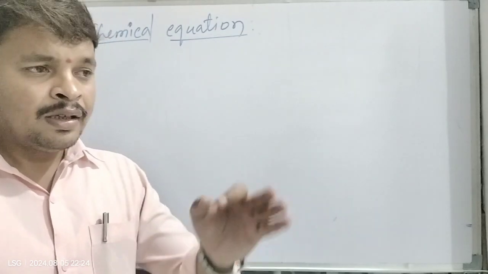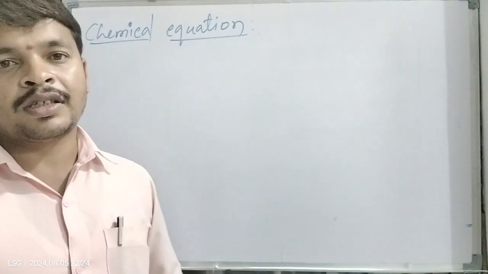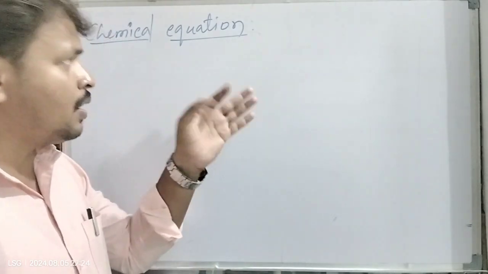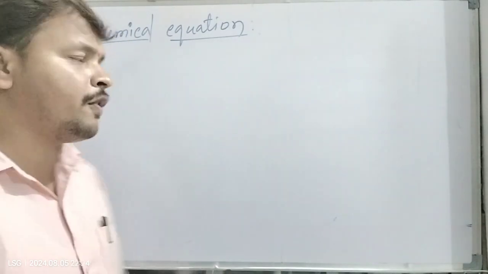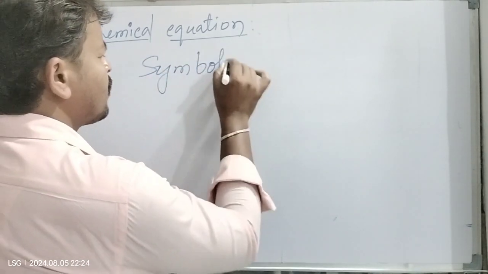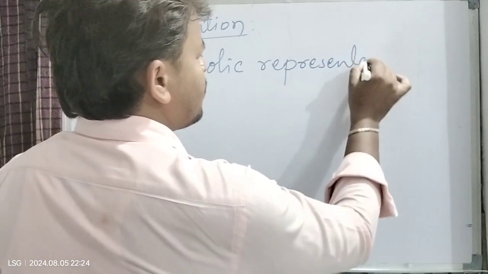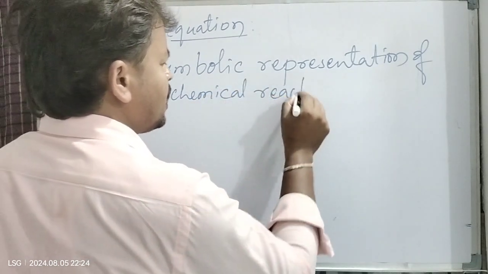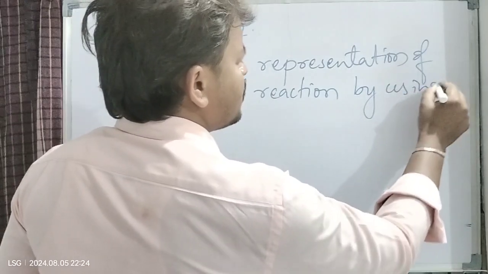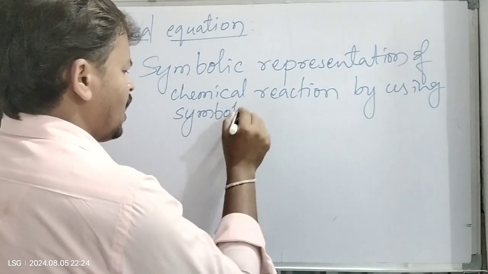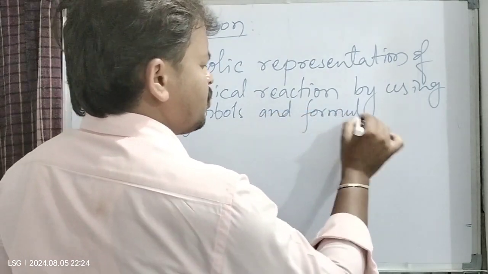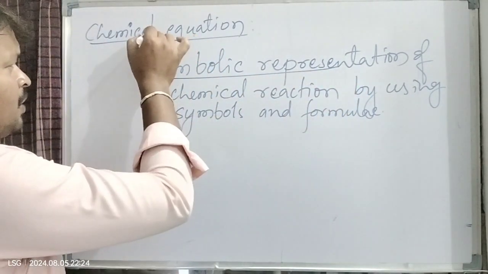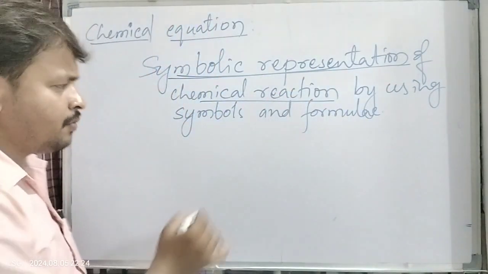A chemical equation is a symbolic representation of a chemical reaction by using symbols and formulae. Let me revise once again. Chemical equation is a symbolic representation of chemical reaction by using symbols and formulae. Very easy to remember.